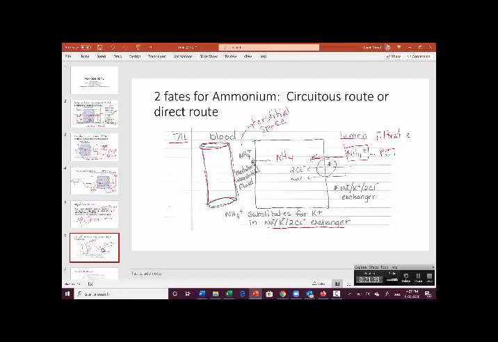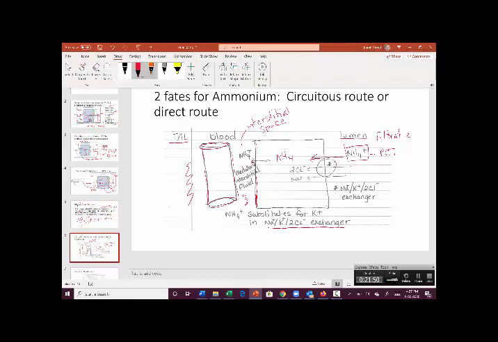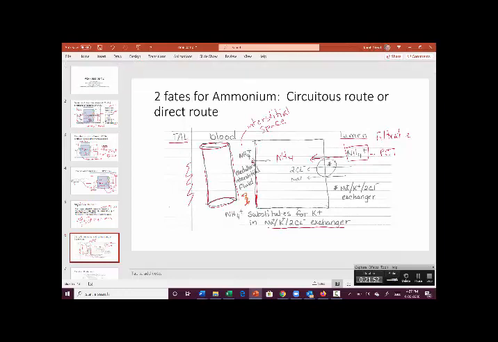And this is on the basal side of the cell. So this is the side facing the blood. Okay, so all in here we have ammonium. It just stays there. And now it's in this interstitial space.